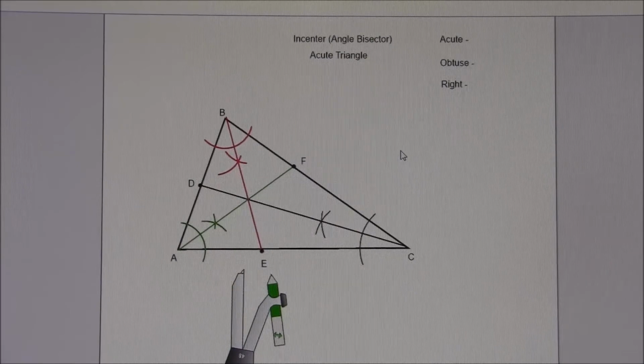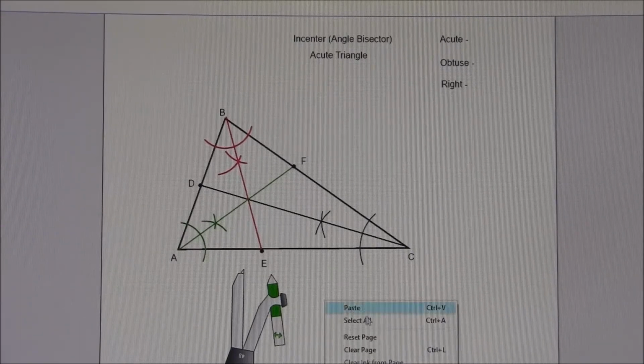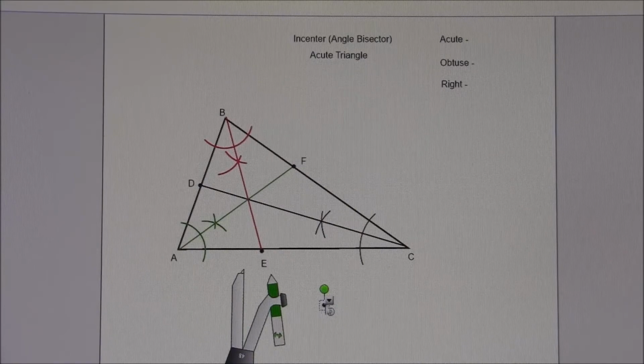Now, the whole thing about the incenter is where all the three angle bisectors intersect. This is an acute triangle, and you see they intersect on the inside of the triangle. Here is the incenter.